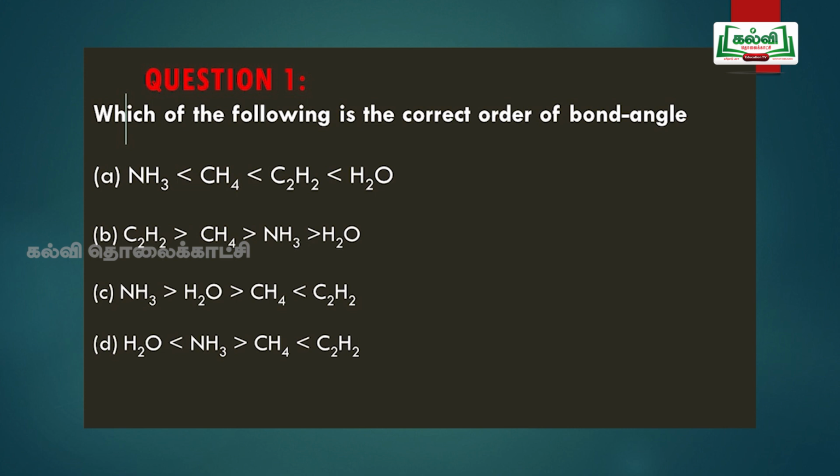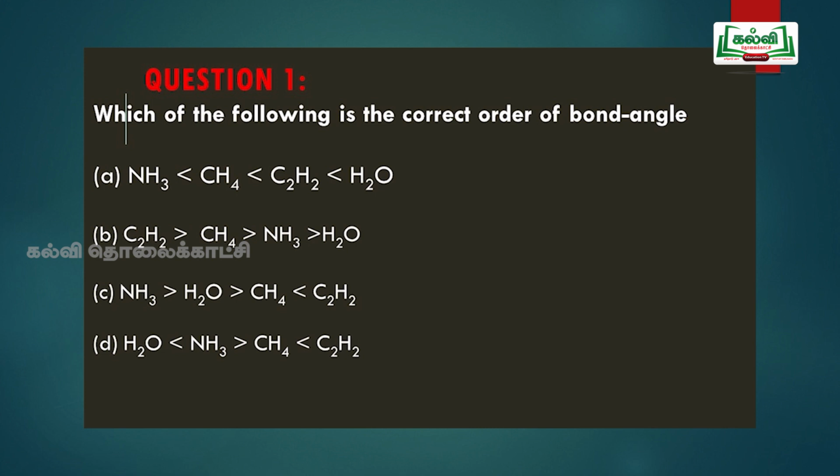First, acetylene is sp hybridized, whereas methane, ammonia, and water are sp3 hybridized. So remember, sp hybridized has more s character. So acetylene has the highest bond angle, whereas all the other 3, methane, ammonia, and water, are sp3 hybridized, same hybridization. Then what is another factor you should look into?